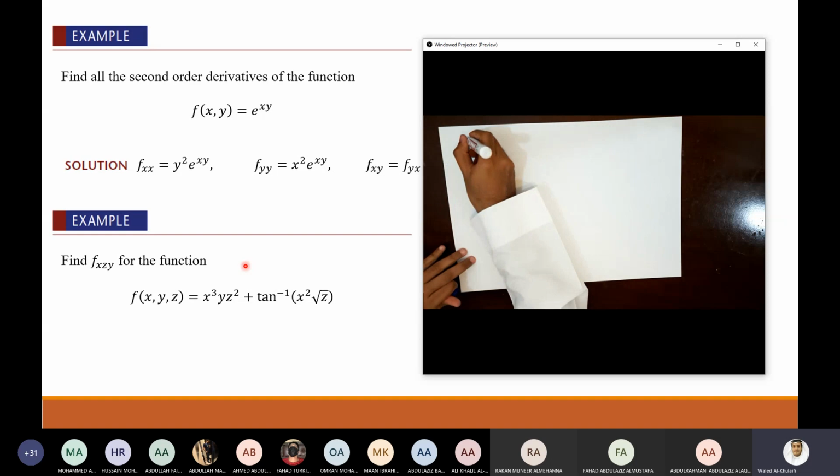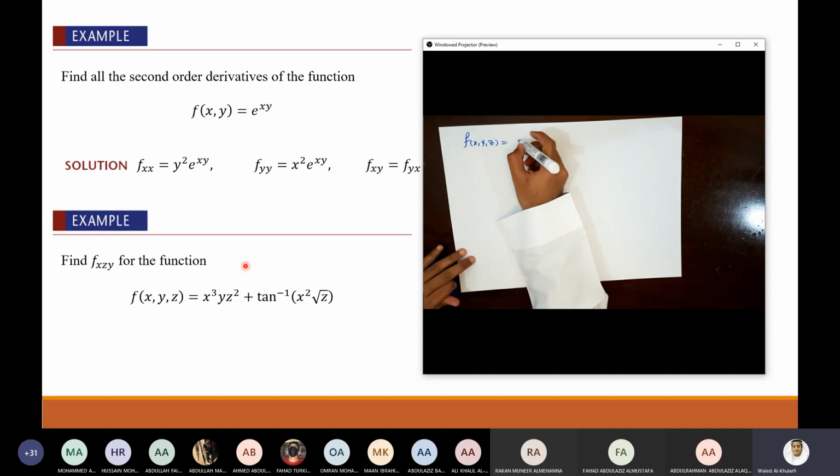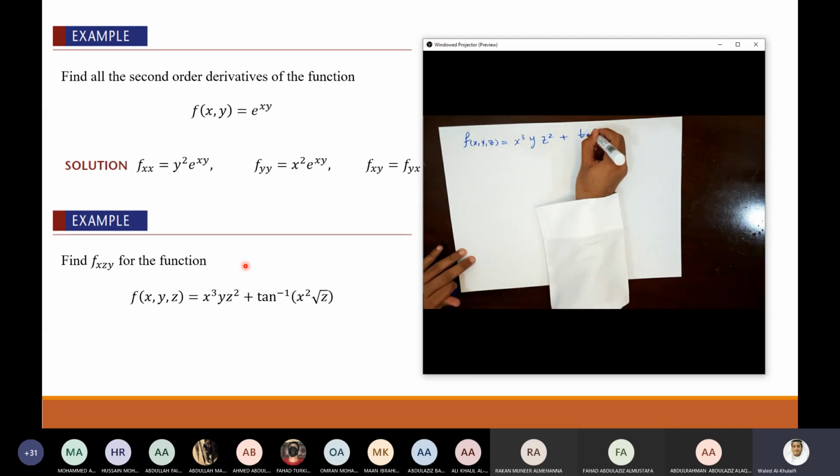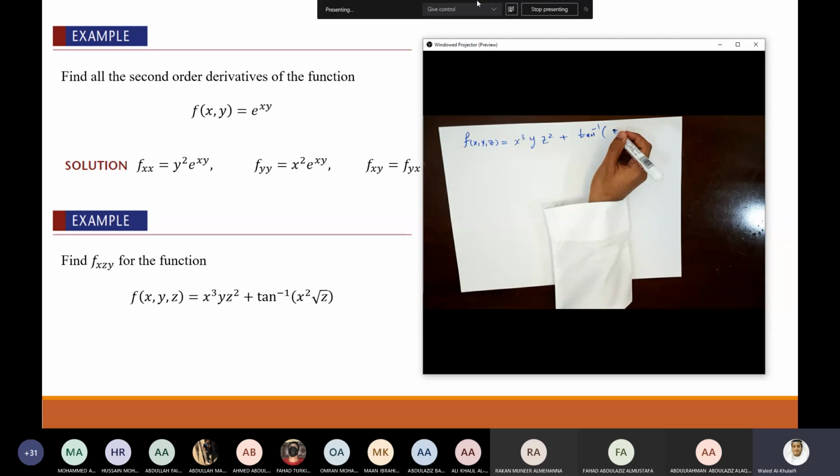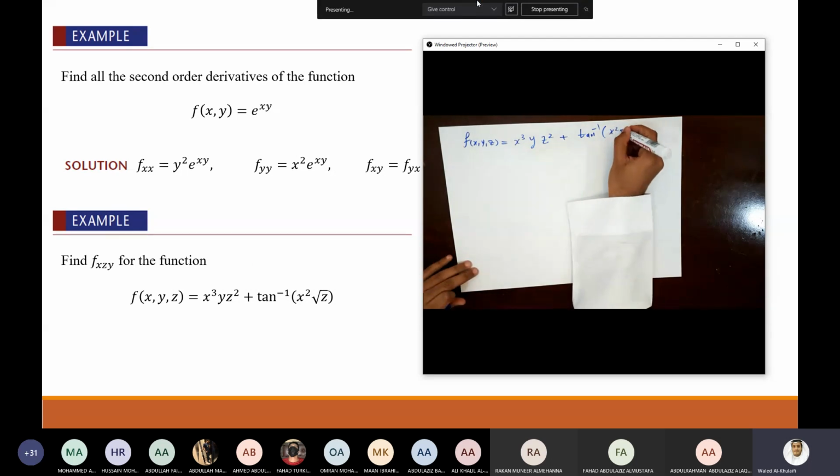Here we have f of x y z equal x cube y z square plus tan inverse of x square root of z.